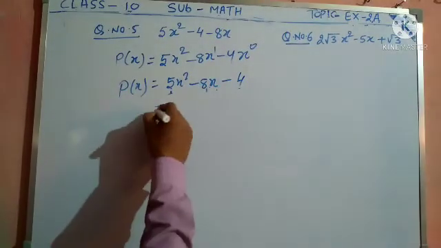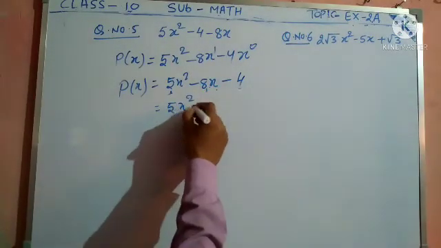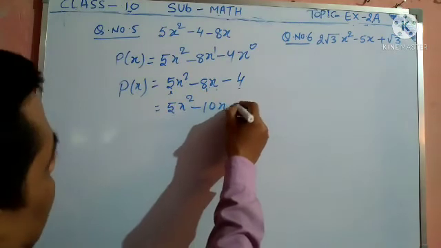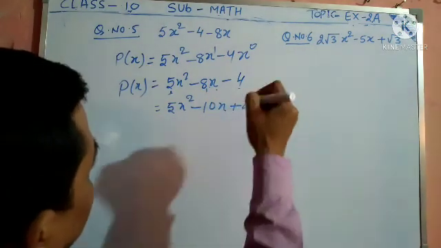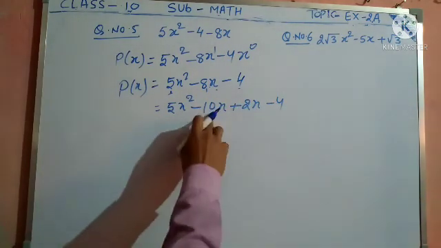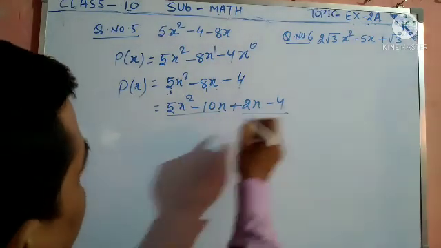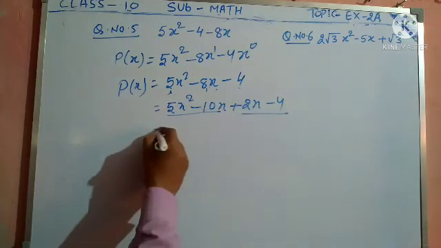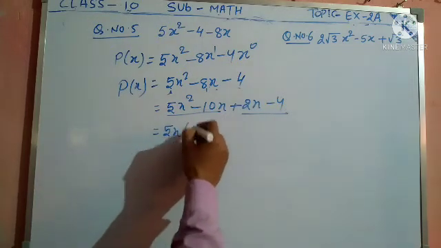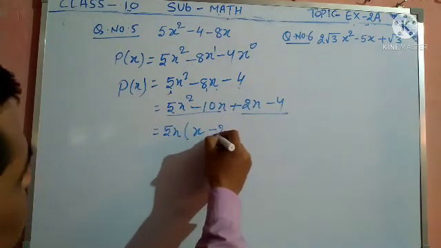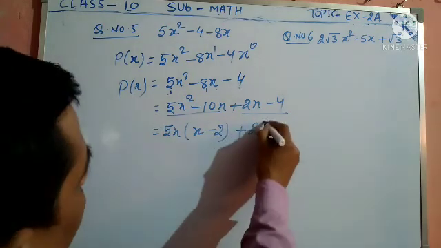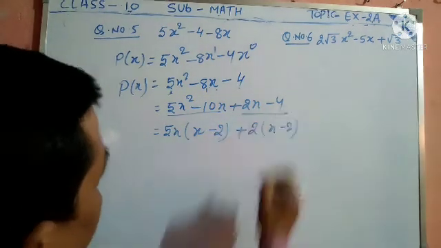So the factor of 5x square minus 10x plus 2x minus 4, that is minus 10x plus 2x, which is minus 8x. Taking two terms, we take common 5x, which gives x minus 2, and take 2x minus 2, where 2 is common.